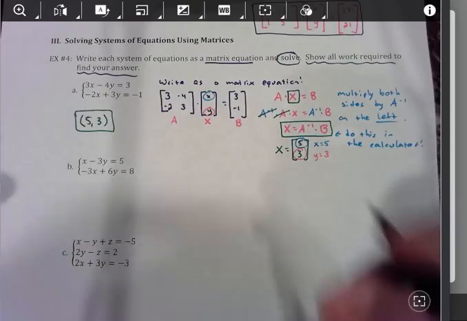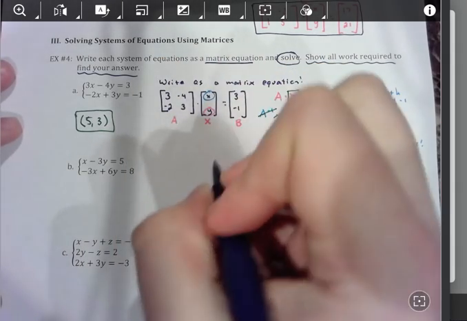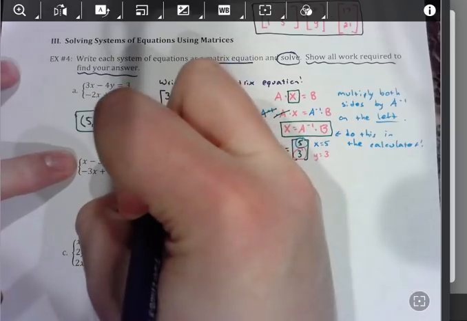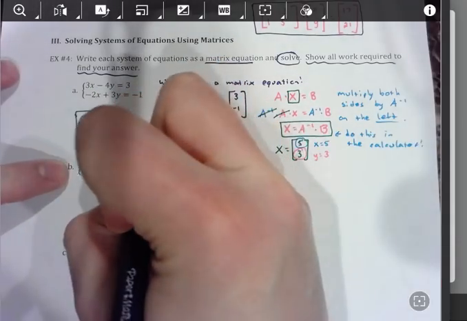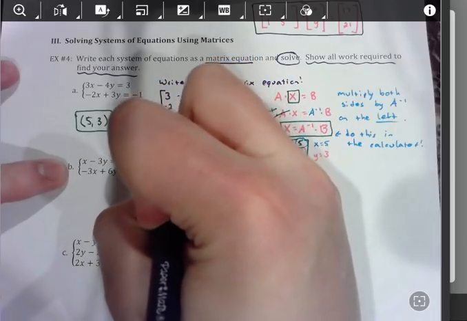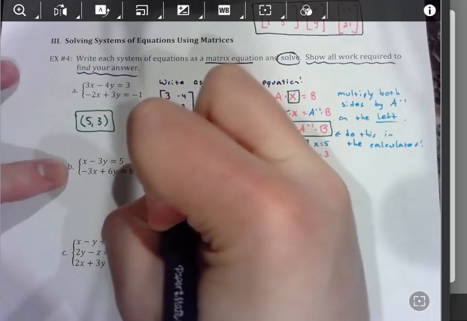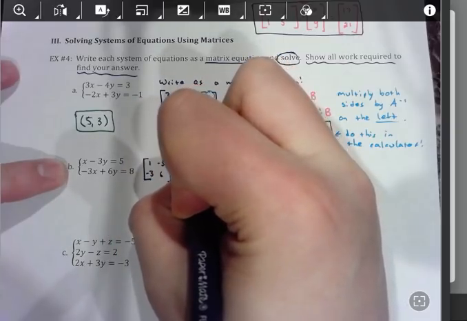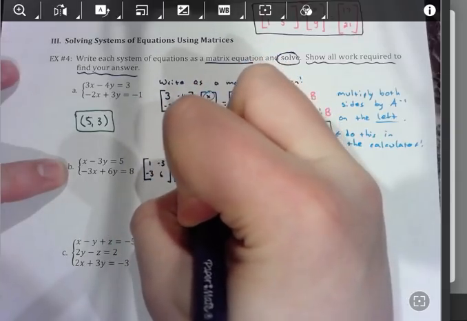All right, step 1, matrix equation. So I'm going to take this. I have 1x, negative 3y, negative 3x, 6y. I'm going to multiply that by my x, y, and that's going to equal the matrix 5, 8.